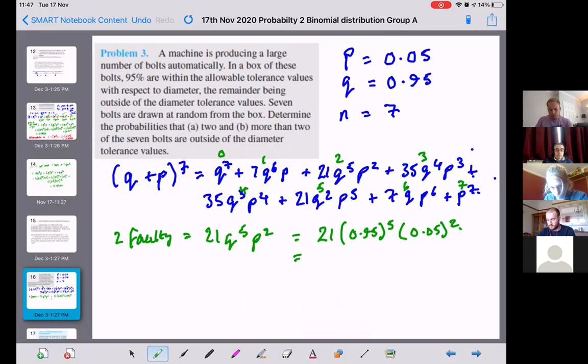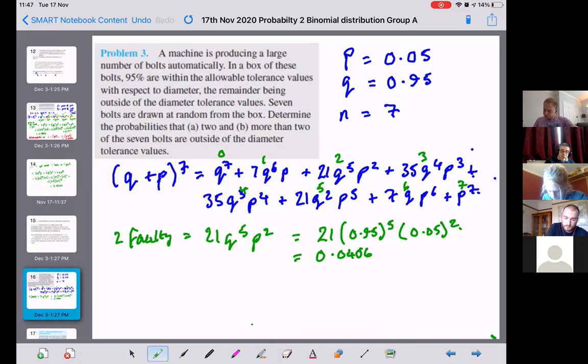That gives 0.0406, yeah, so you're right. Okay, so that's the probability of 2 faulty.